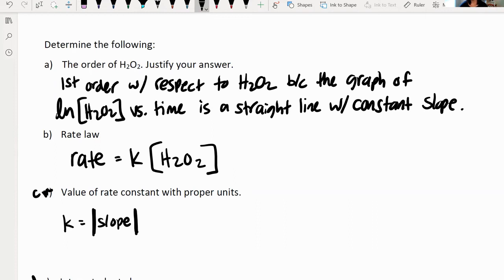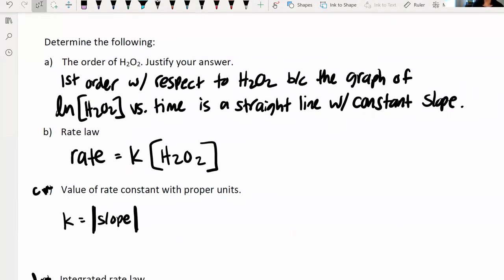Use the data to help you. At the very top of the paper is that data table. I'm going to just pick 2 points from the data table and I can do my slope. It shouldn't matter which 2 points you pick because the slope is constant. But we might get slight variations because we are dealing with experimental data, which isn't always perfect.